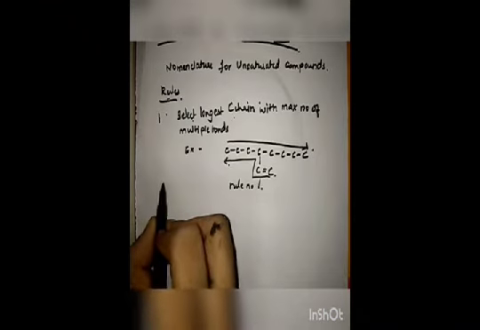The second rule which we will be following is the carbon atoms should be numbered right to left or left to right, so that the carbon having the multiple bonds, double or triple bond whatever, should get the lowest locant.